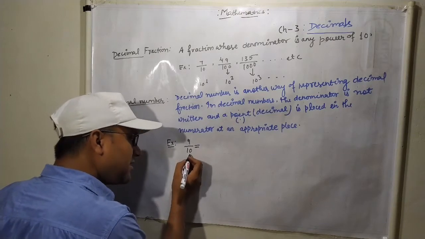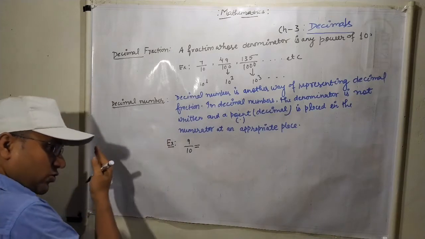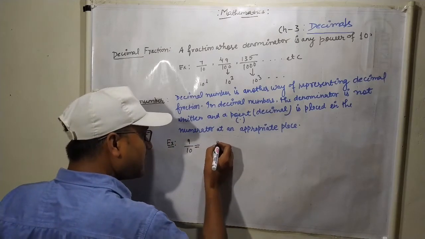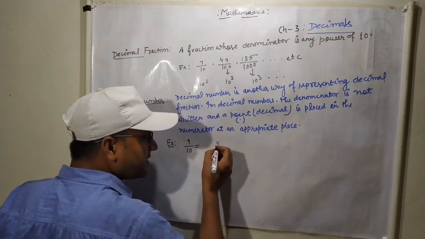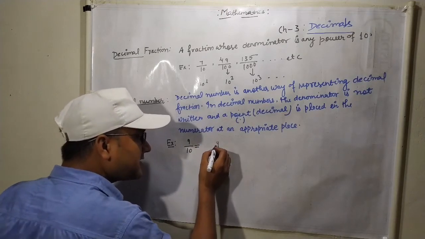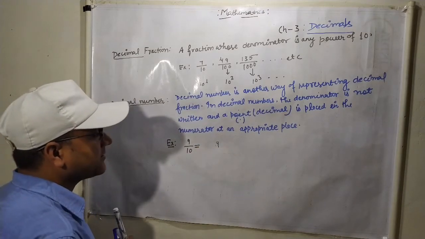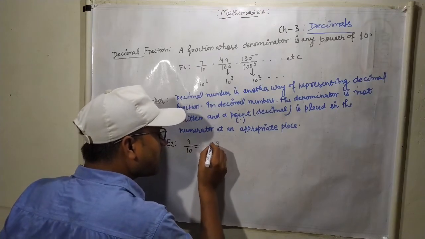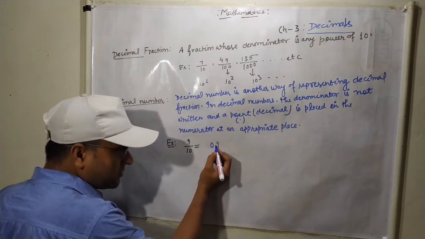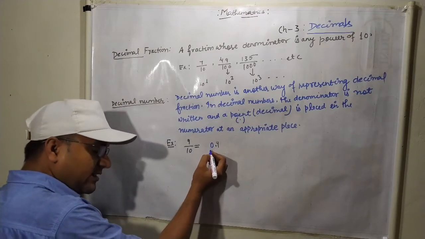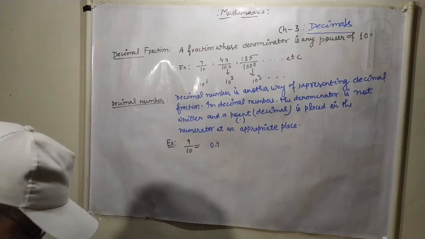If there is a 10, you count one number in the numerator from right to left. There is one number, 9. Then you put the dot. That dot is known as a decimal point. Before this point, if nothing is there, you use 0. So you get 0.9.